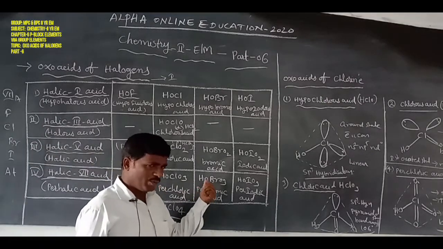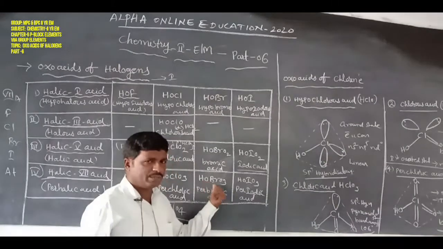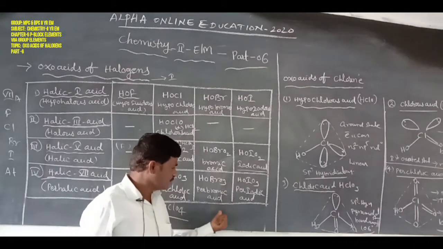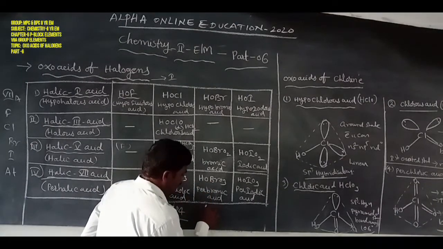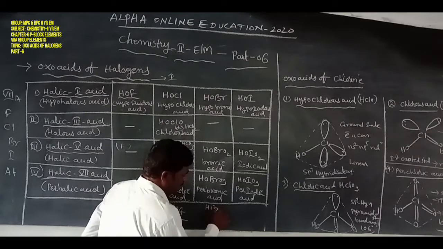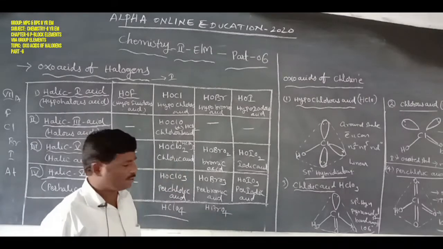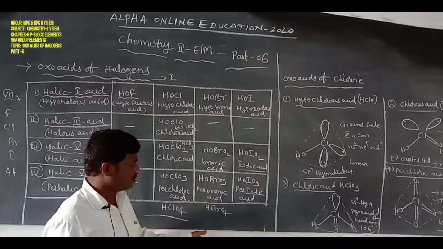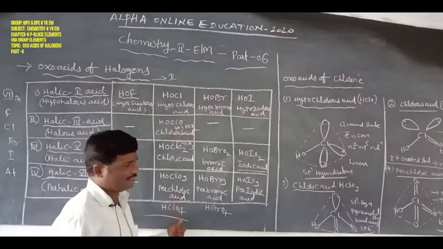The remaining bromine forms the halic seventh acid known as perbromic acid, general formula HBrO4. Which type is this? The halic seventh acid.